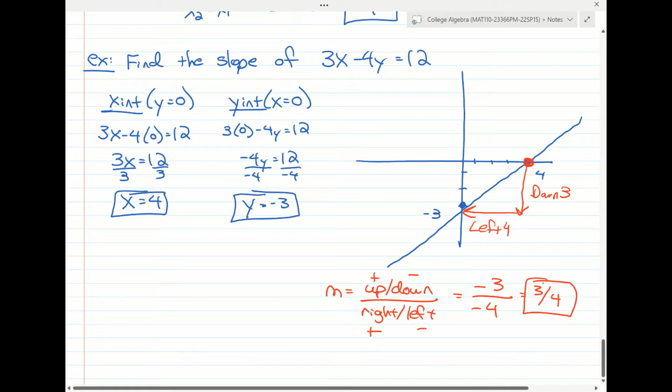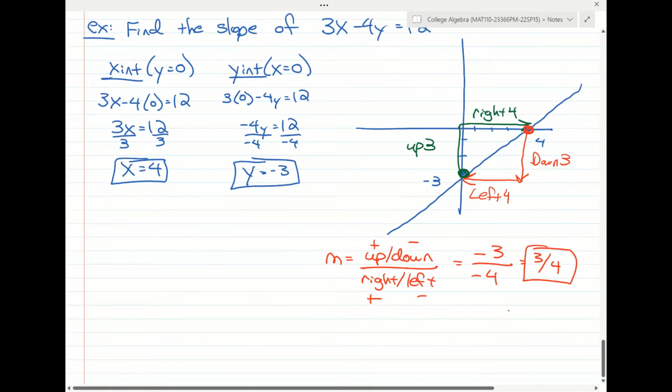You can get it just by looking at the graph. Another way to get that slope is to start at this point and go up 3 to the right 4. You wind up getting the same exact slope. And we can get slope just by counting.